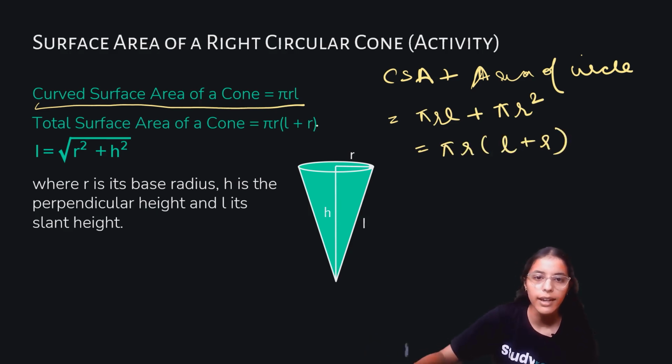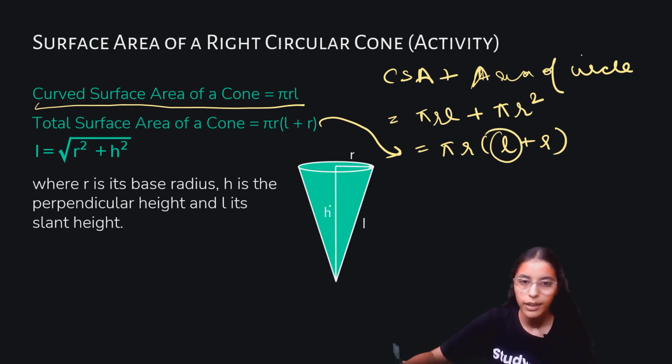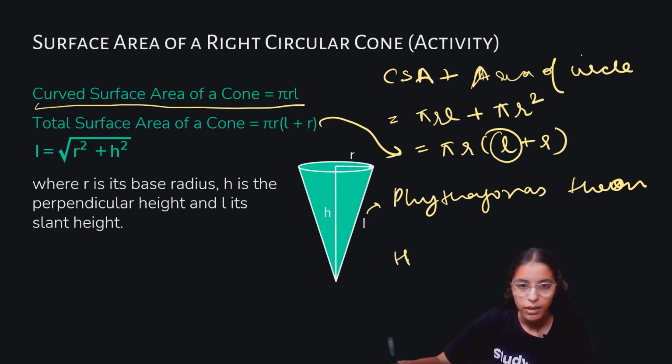So this is how we find out our total surface area, in which l can be written as follows. We can see that it is forming a right angle triangle with r as base and h as height, and we'll use the Pythagoras theorem, as l is the hypotenuse.